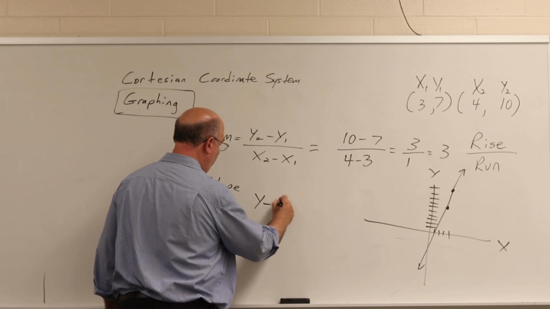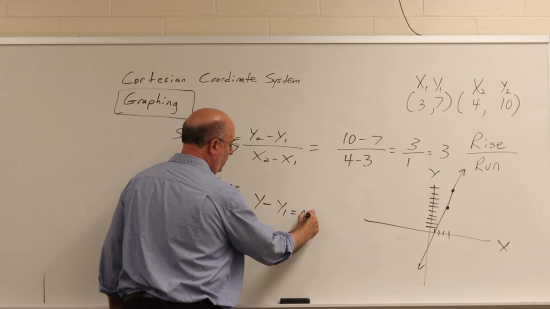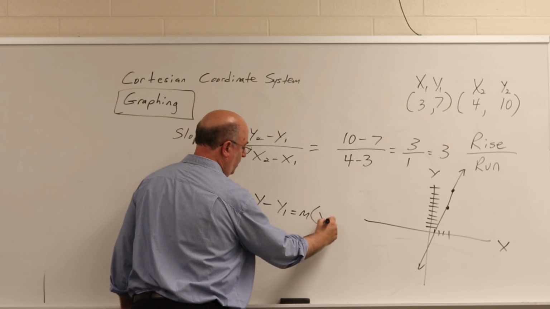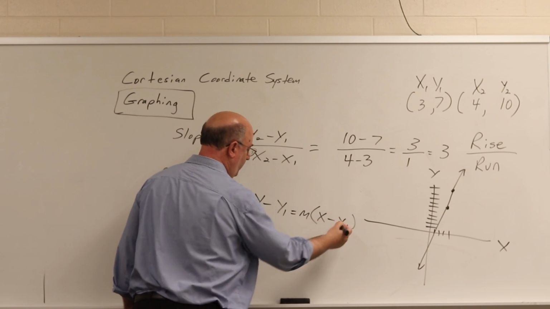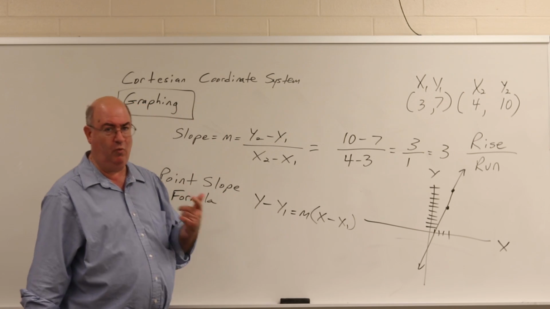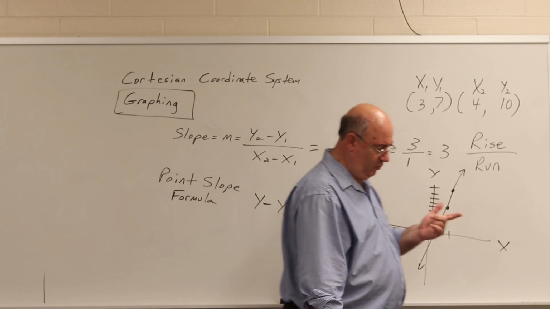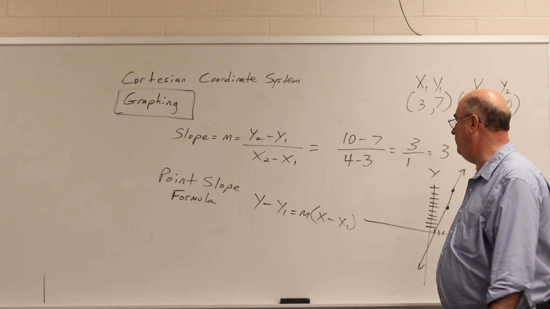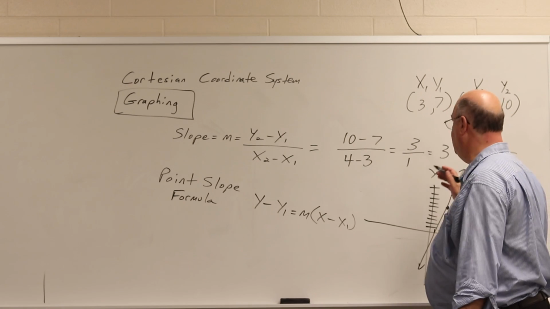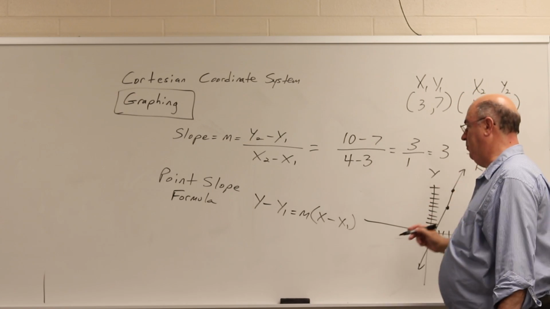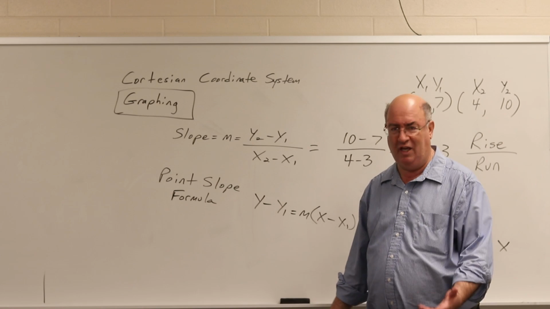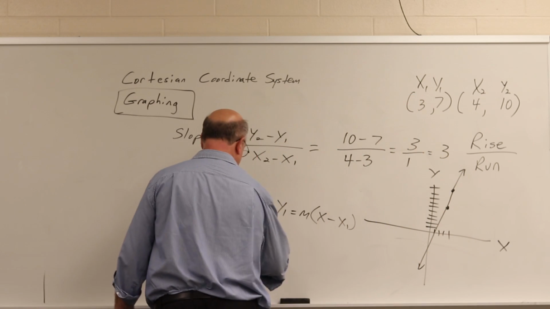So this would be y minus y1 is equal to the slope times x minus x1. Now we're just using y1 and x1, and the slope of 3. So we plug in the numbers we need. Here's our first group, right? Y is y, x is x. We'll write that down.